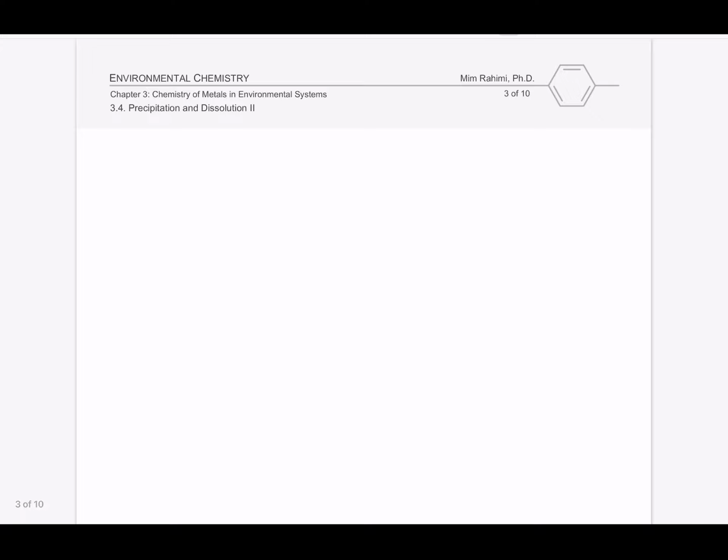So to approach this, we first have 2 scenarios. The first scenario, we assume that there is no precipitation, or that NP scenario we discussed in the previous lecture. In that case, we know that we're allowed to use the mass balance, so it would be literally a complexation approach.